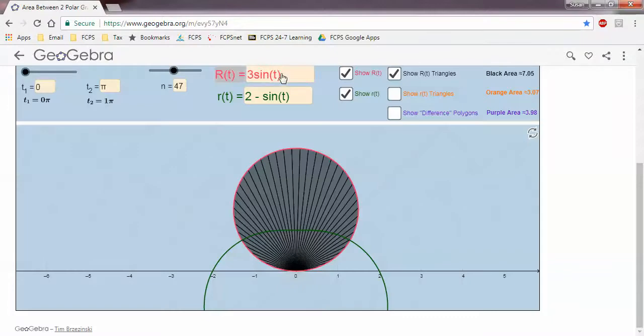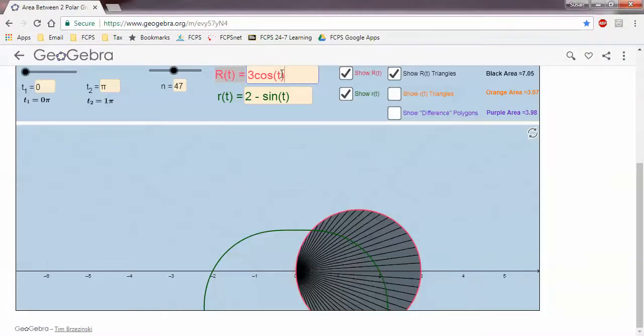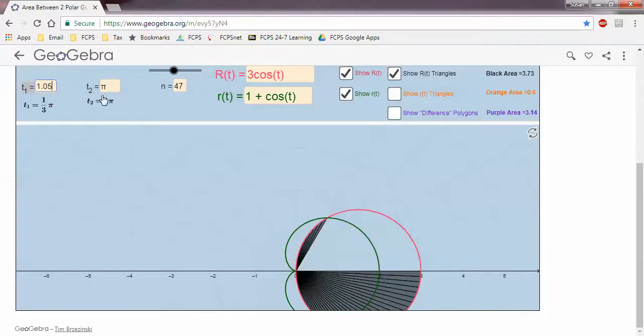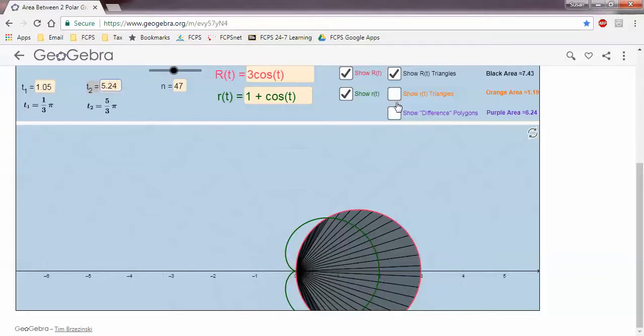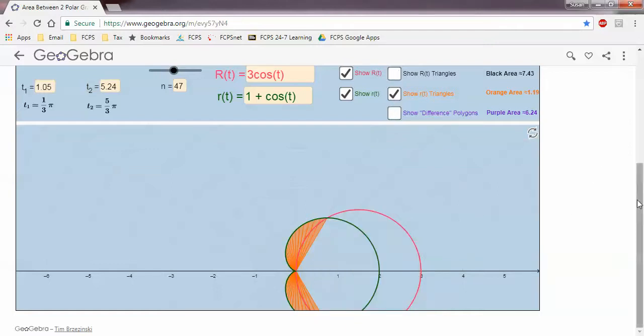So if I go from pi over 3 to 5 pi over 3, look what it does.